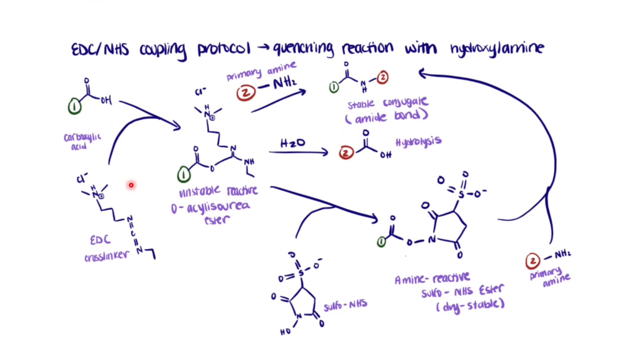So this EDC NHS coupling protocol is widely used in so many polymers. For example, hyaluronic acid is a natural polysaccharide. Hyaluronic acid has many COOH groups. And gelatin, which is also a protein polymer, has many amine groups.